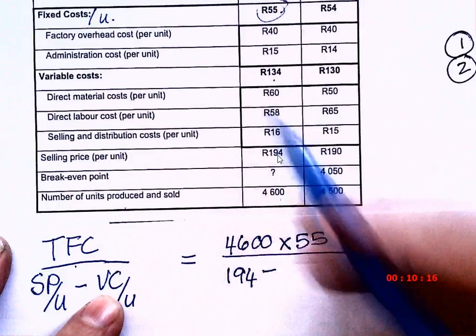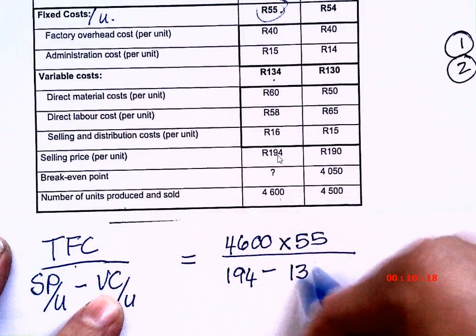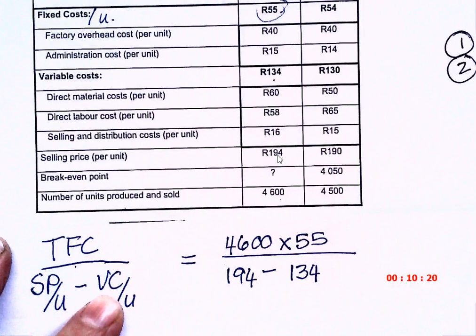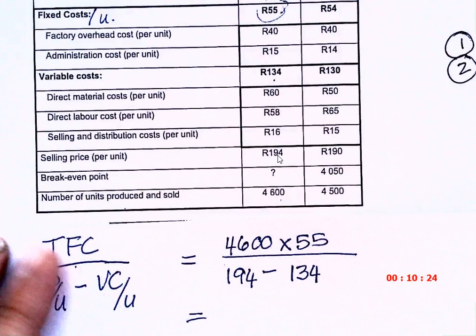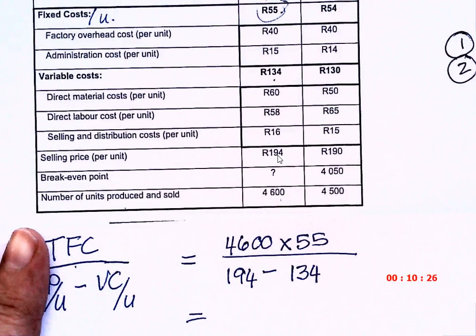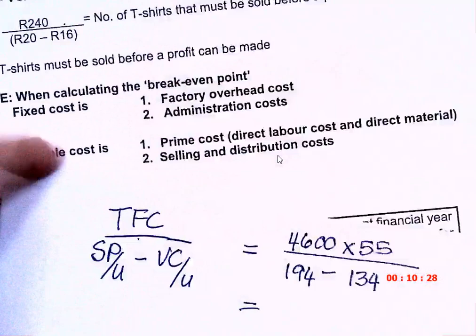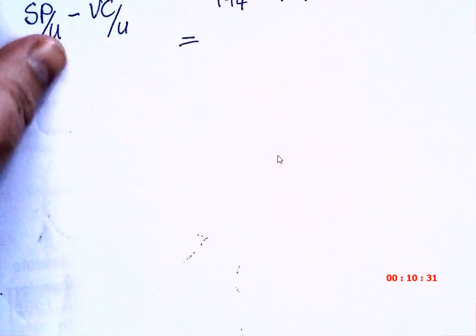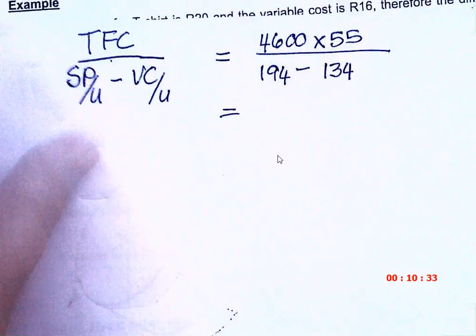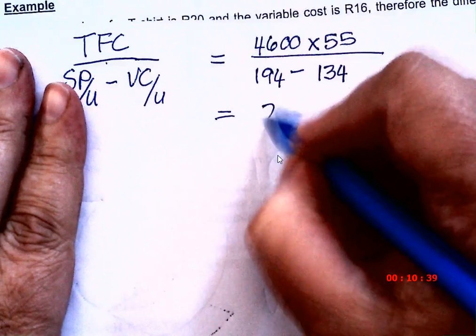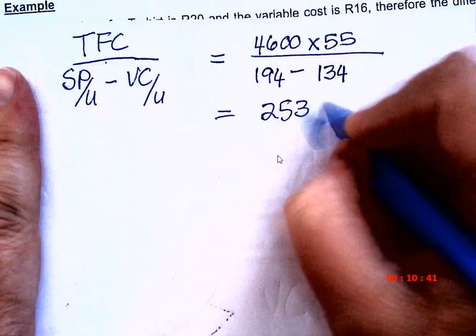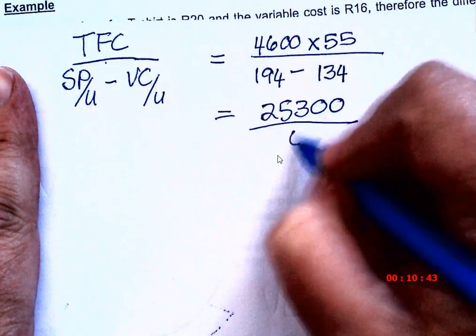It's 134. Okay, so what is the 46 times 55? Two, 5, 3. Okay, and this is going to be 60.